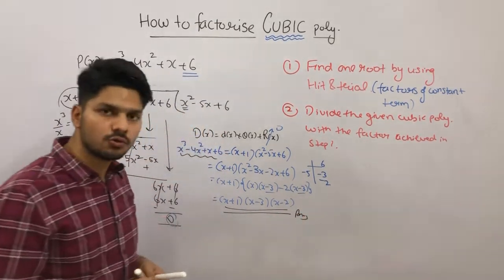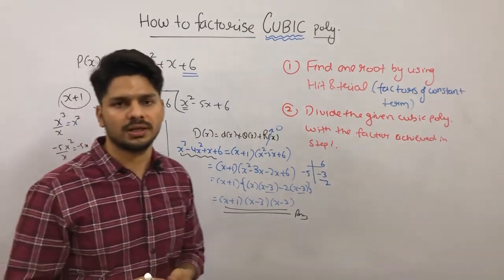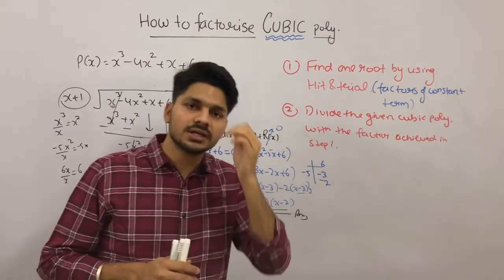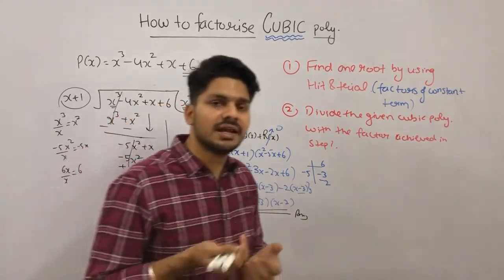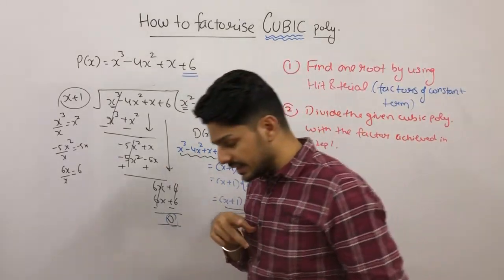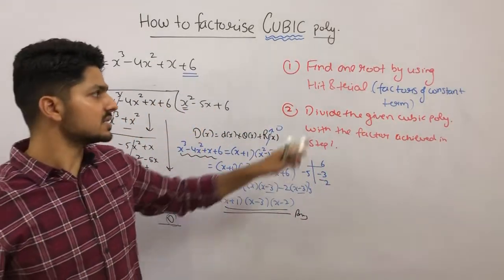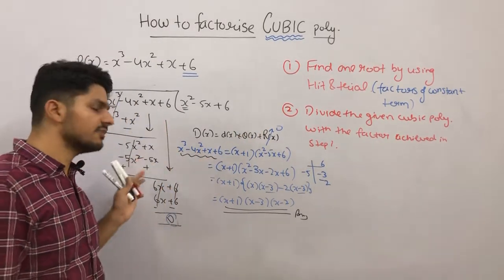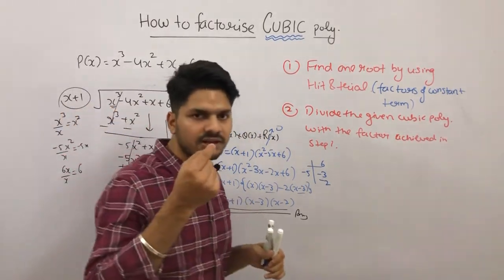So this is how to factorize a cubic polynomial. What we have to do is, step 1 is find one root by using the hit and trial method. For the hit and trial, we take the factors of the constant term and use those factors. Get a root from there and then make a factor from it. So you will get one factor.